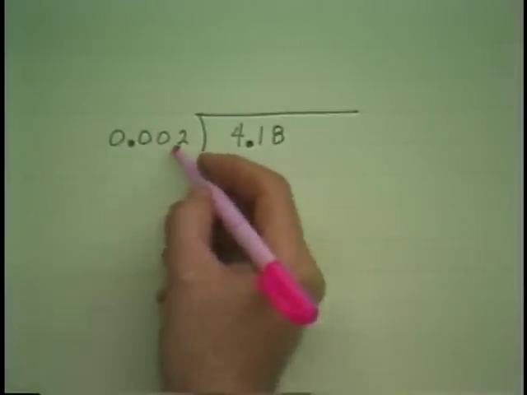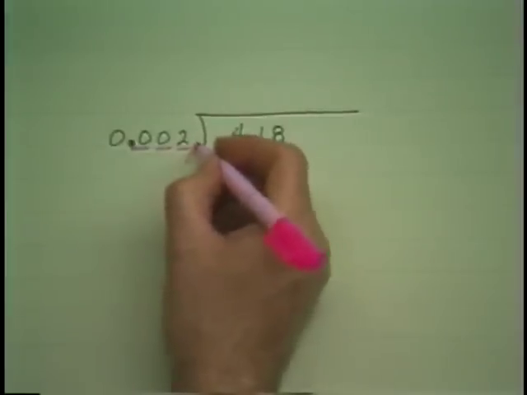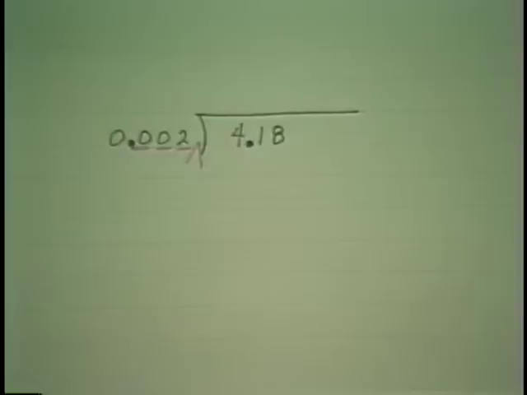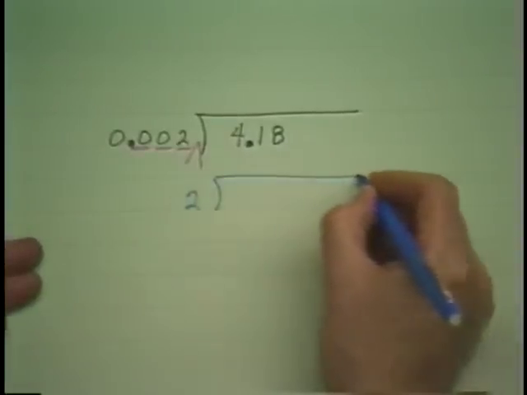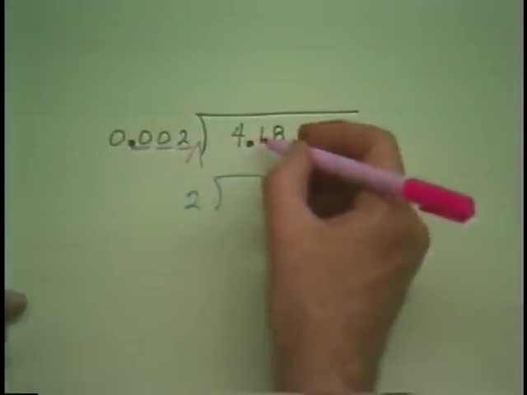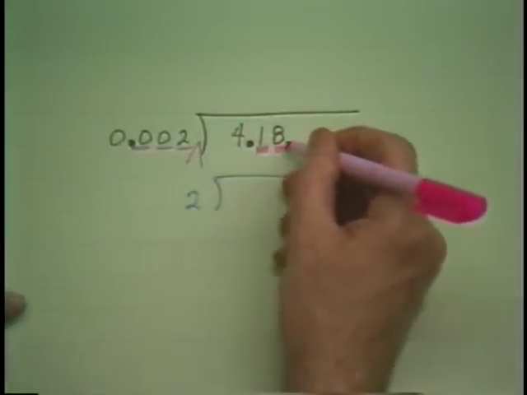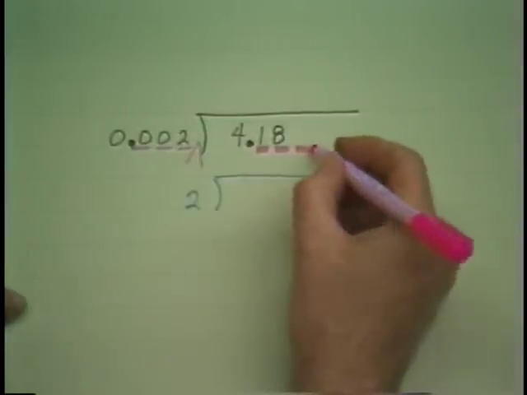Again, if you're not dividing by a whole number, move the decimal point to its right until it is a whole number, 2. Then move this decimal point to its right just as many places, in this case 3.